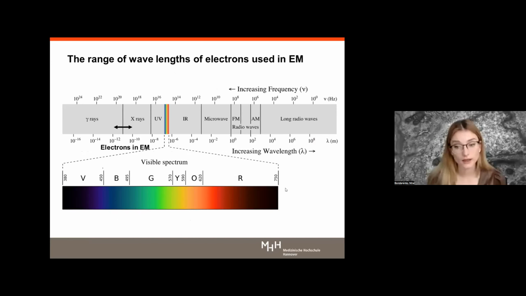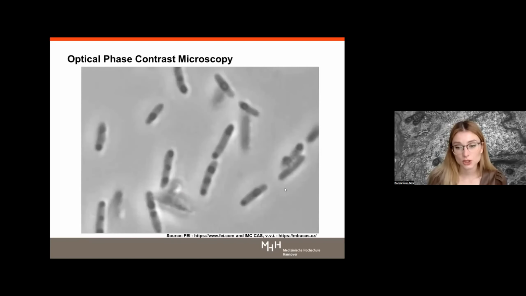That's why when we are talking about electron microscopy investigation, usually we can obtain only a black and white image, not colorful, because we don't work in the visible spectrum of light.